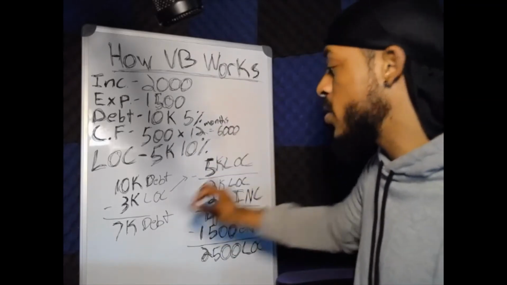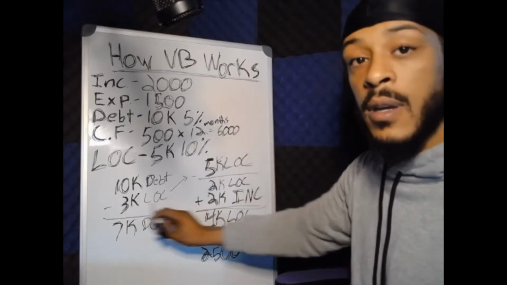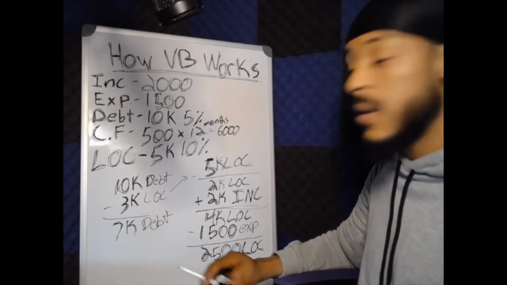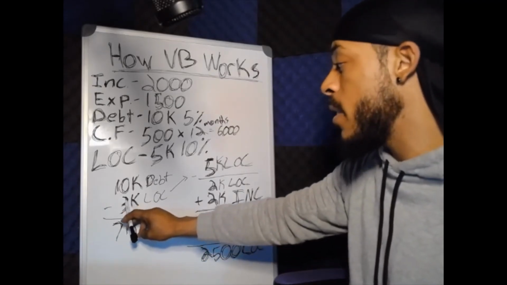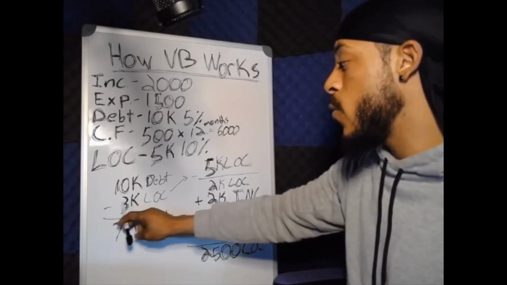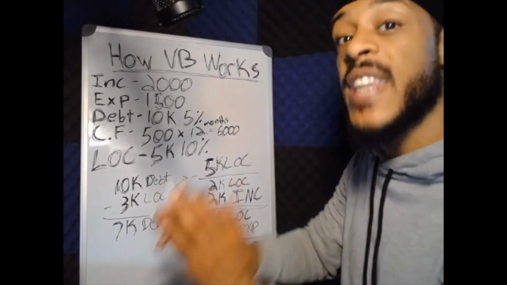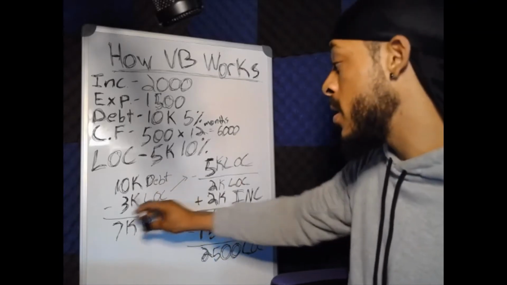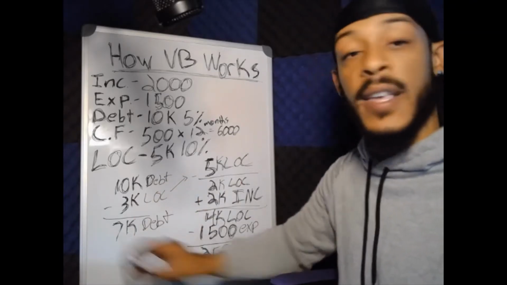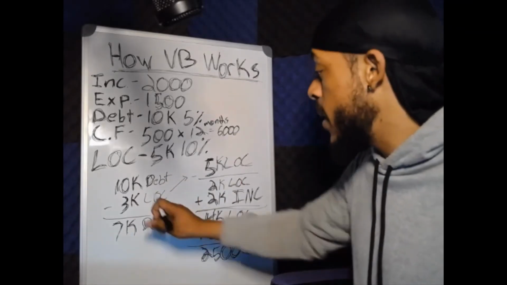Right? So in the first month, when you make your $3,000 chunk payment onto your debt of $10,000, your balance is $7,000.